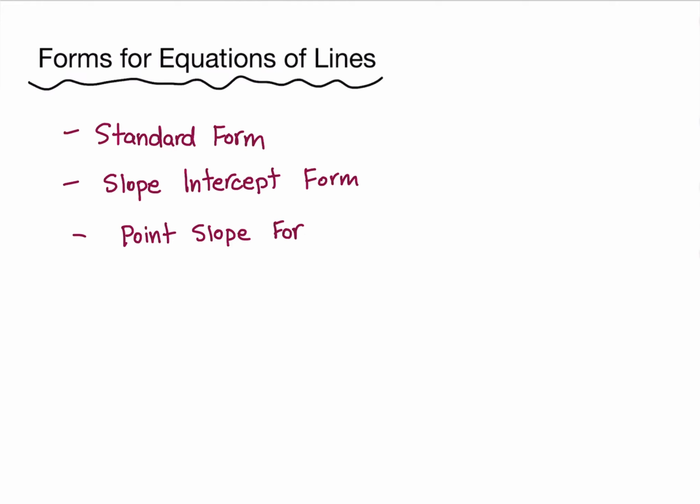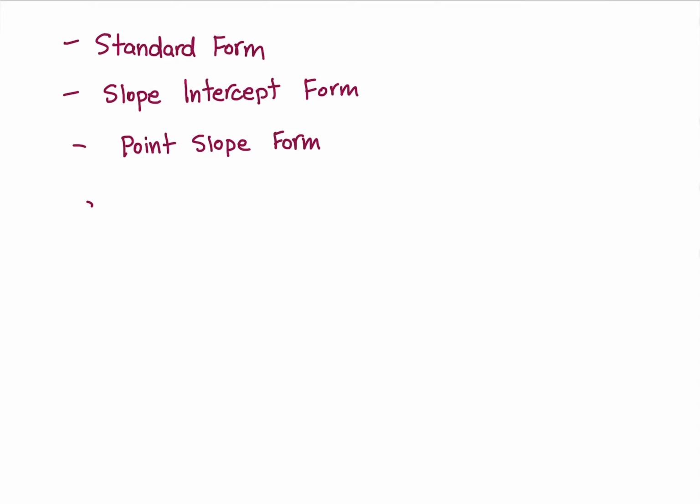So these are the three forms of equations we're going to be talking about today. First of all, let's get started with the first one, which is the standard form.